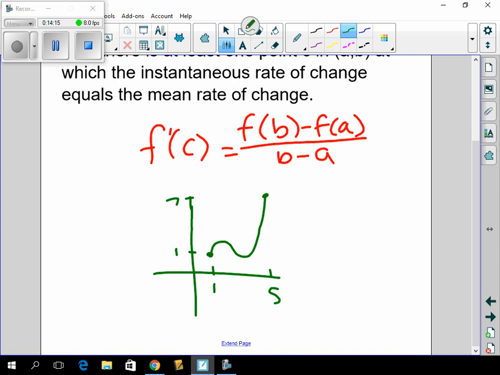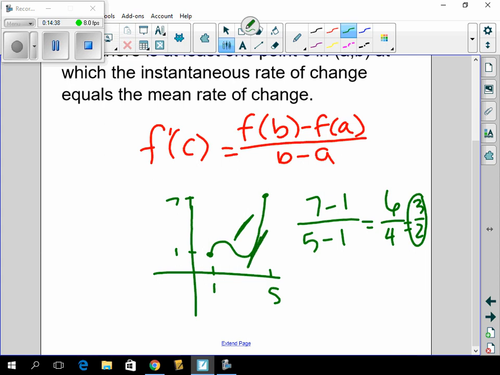So I'm going to take 7 minus 1 over 5 minus 1. So that guarantees me at some point I will have the slope 3 over 2. And so 3 over 2 kind of looks like this. And so I kind of see that possibly right there. So the mean value theorem just kind of helps us make sure that we have certain slopes on these intervals.